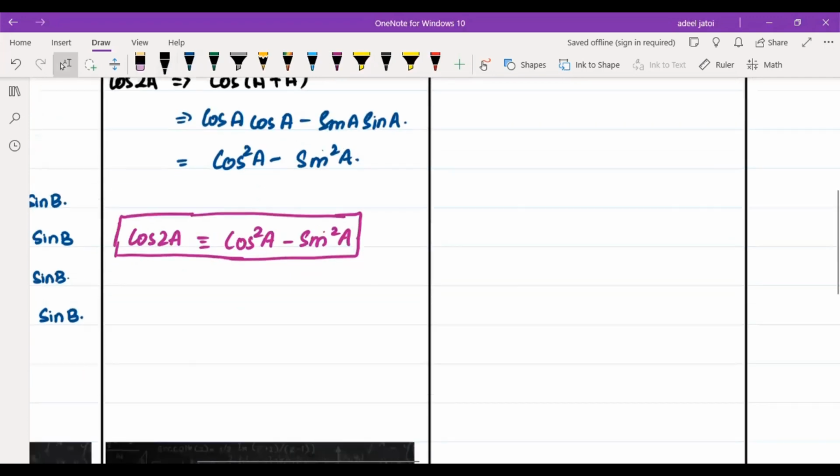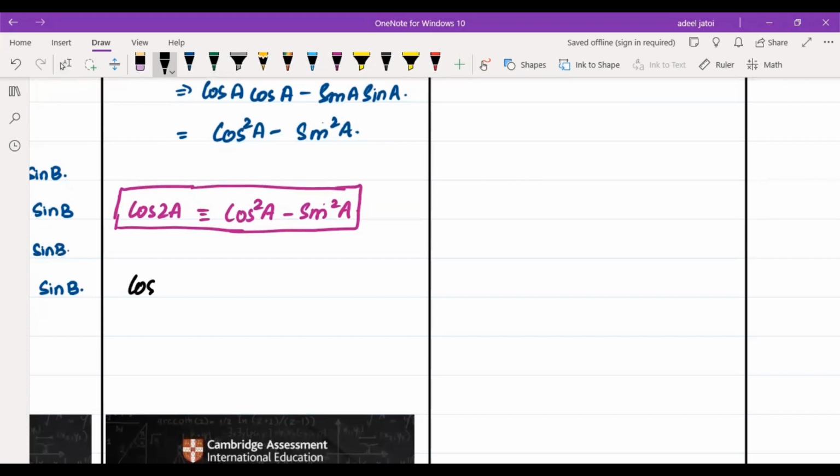Considering the same thing, let's say we have cos 2A identical to cos square A minus sine square A. And what we remember now is that this cos square A was known as 1 minus sine square A. This cos square A was known as what? 1 minus sine square A, because that was your identity.